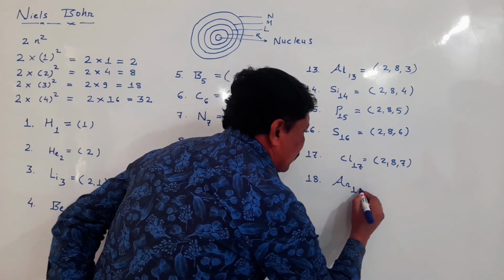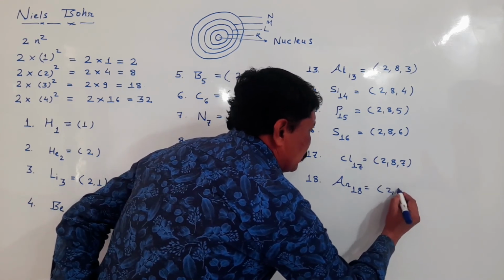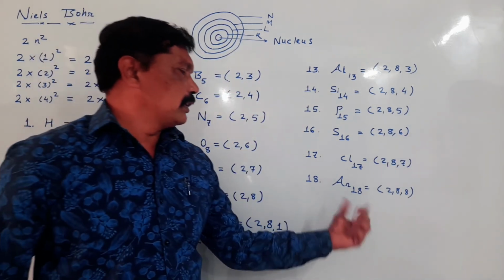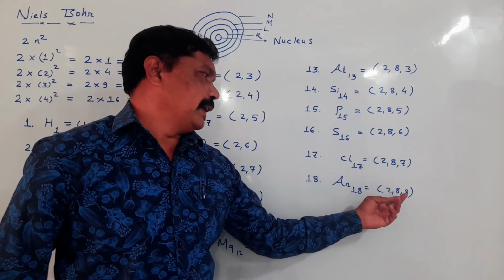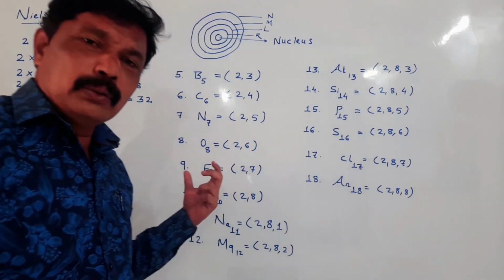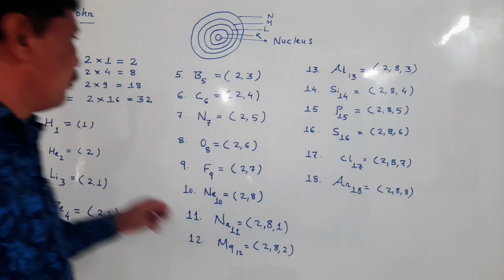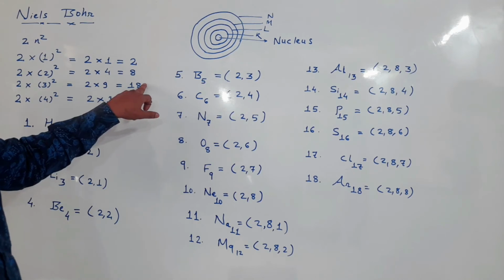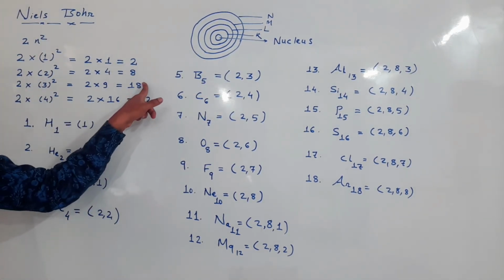The atomic number is 18 and the electronic configuration will be 2 8 8. Let's count the number of electrons. The number of electrons is 18: 2 plus 8 is 10, plus 8 is 18. My dear student, according to the procedure which we are using, the capacity of the third shell, that is shell M, according to the formula is 18.